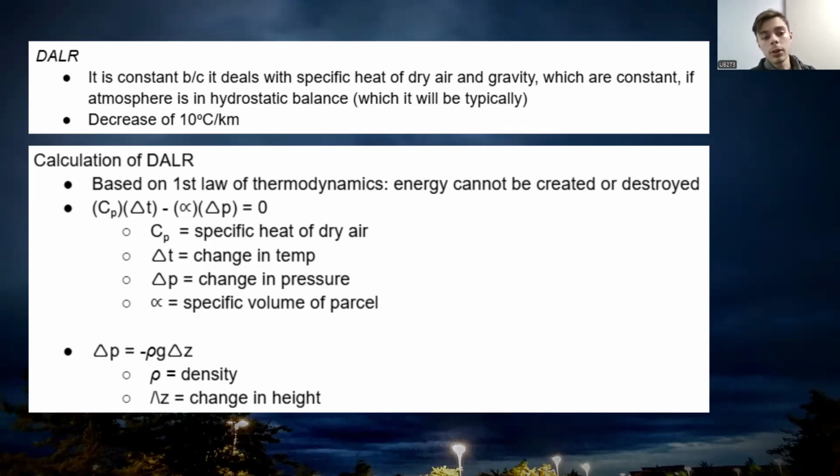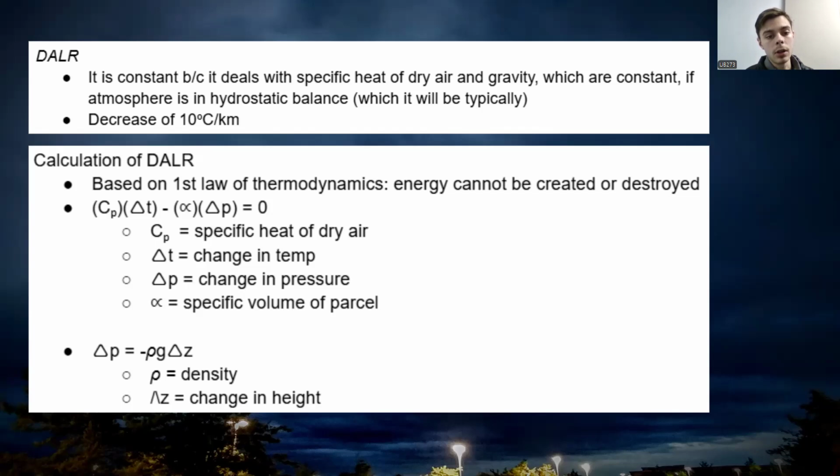Now, how do we calculate the dry adiabatic lapse rate? You're not actually going to have to calculate it in this course, but it's useful to know the equation. It comes from the first law of thermodynamics, which is that energy cannot be created or destroyed. We see here that the specific heat of dry air times the change in temperature minus the specific volume of a parcel times the change in pressure equals zero.